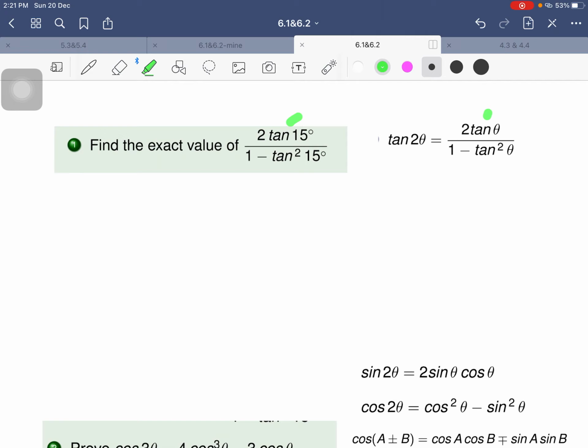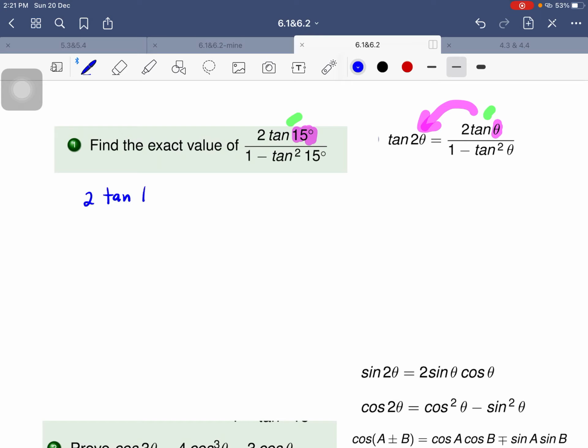Okay, so this is the question. Upon comparison of both of these, I can tell right away that in this case my theta value is equal to 15 degrees. And according to the formula, this is equivalent to 2 theta.